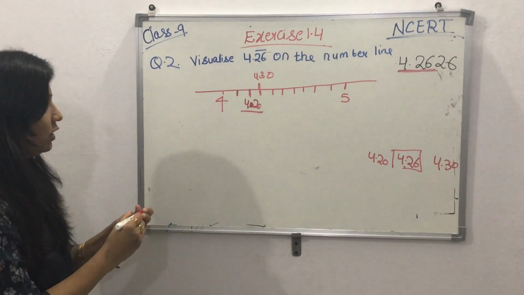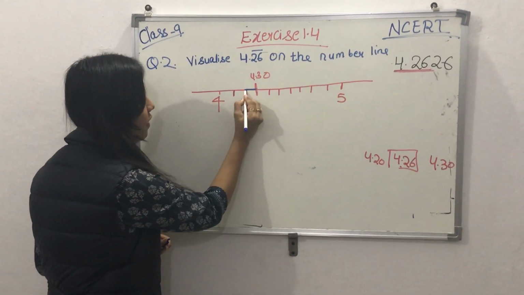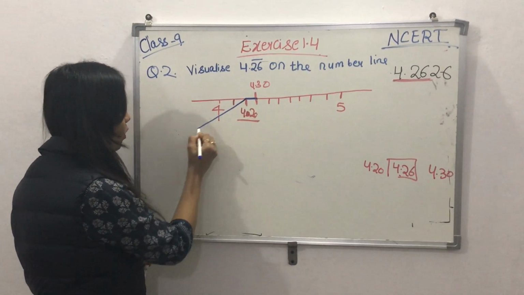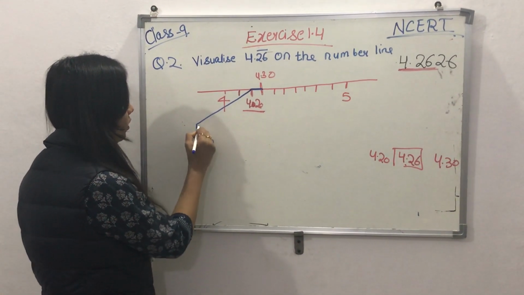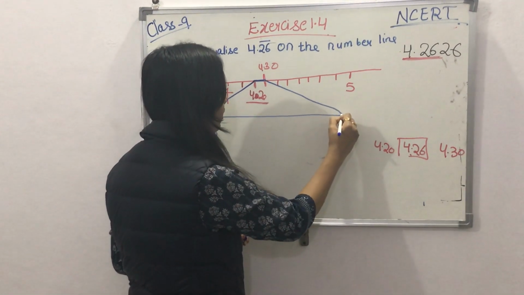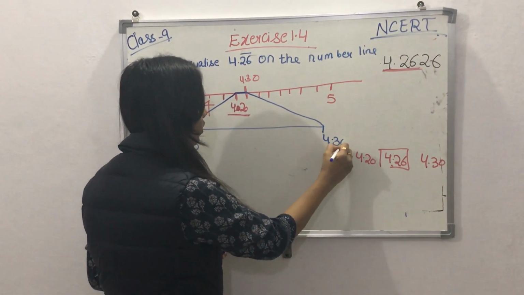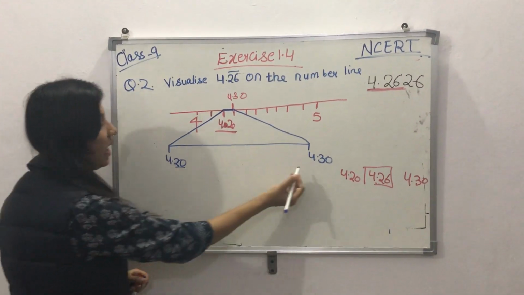So now we will magnify this portion. So this will be my 4.20 and this will be my 4.30. 4.26 will lie between 20 and 30.